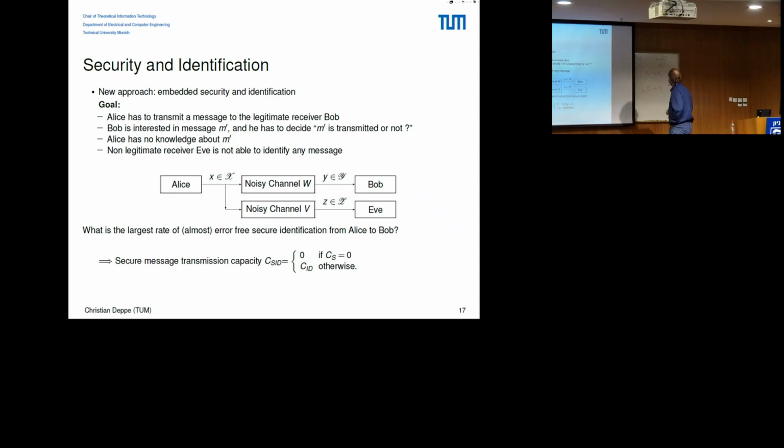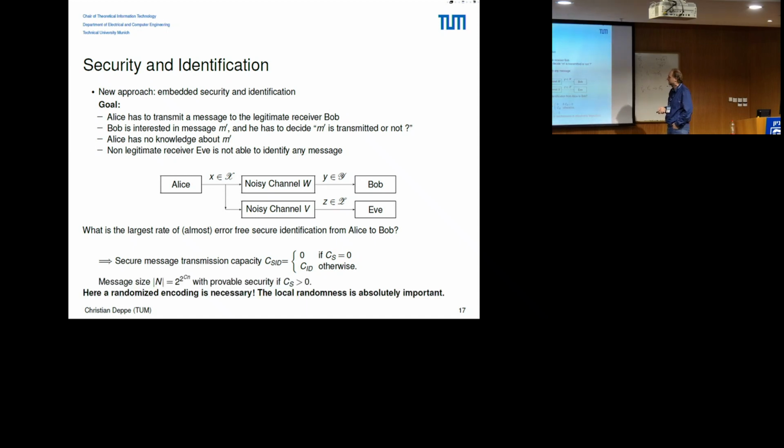And you also see, and that's the reason why I explained this construction to you, that the idea is that we use for the code C2 more or less just a classical wiretap code. Because of that, we can show that the eavesdropper cannot identify any message.